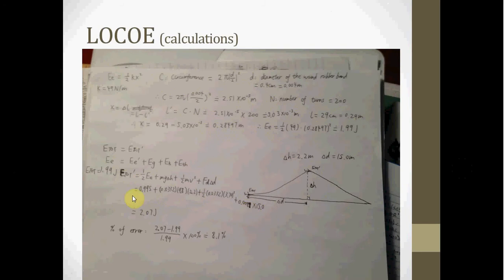We added all those numbers up and we came to 2.07 joules, which was pretty close to the number which we got up here when we calculated elastic potential, and the percent error which we found was 8.1%.